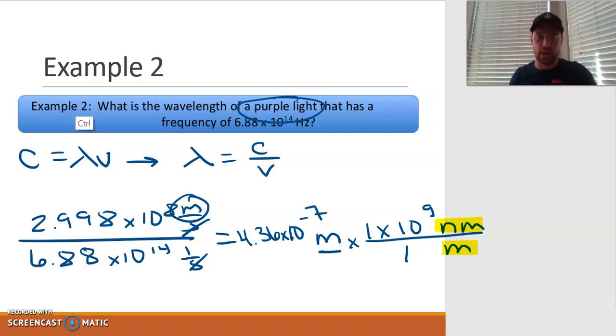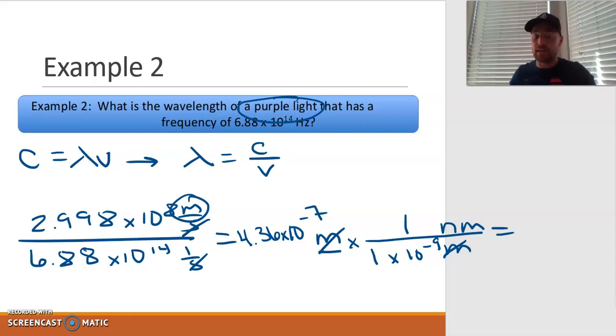Another way you can write it, whichever way makes more sense for you, is you could write it how we learned in topic 1, which is saying, okay, what is 1 nanometer equal to? 1 nanometer is saying the same thing as 1 times 10 to the negative 9th. So in this case, the negative 9th will go on the bottom. To be honest, I don't care which method you use because they're both going to give you the same answer. It just depends on what makes more sense to you.